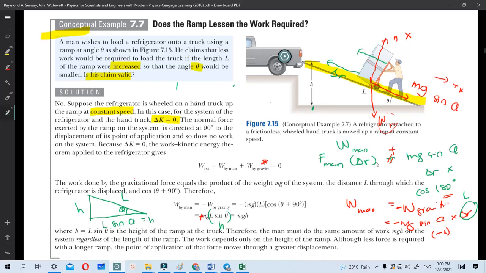And that makes it easy to say to him that he is definitely wrong. It doesn't depend on the angle. It depends only on the vertical height.